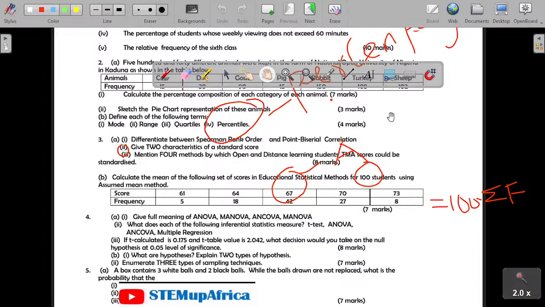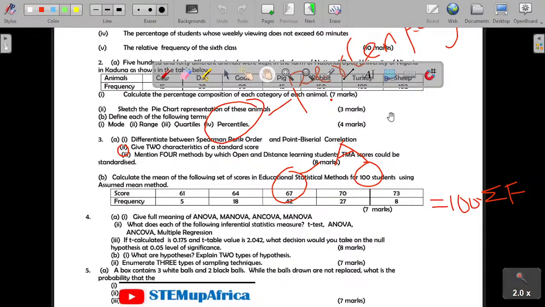Then question 4A down is this one. This one is under advanced statistics: the ANOVA, MANOVA, ANCOVA and MANCOVA. So those ones, they are advanced statistics.